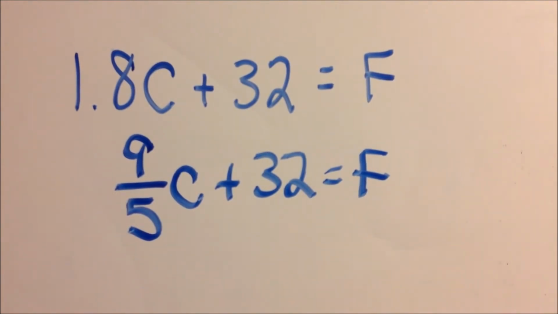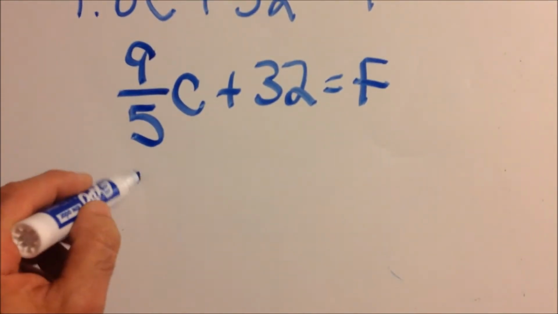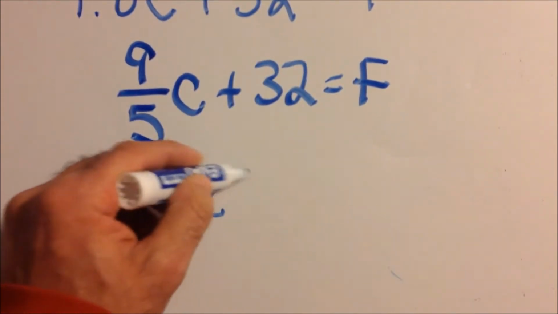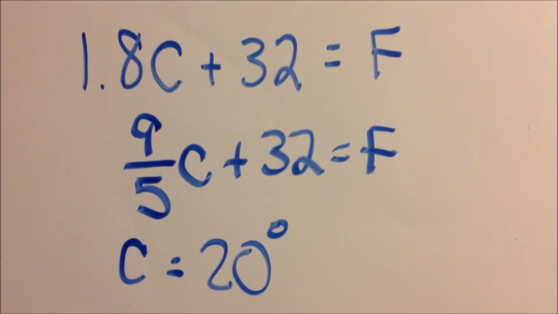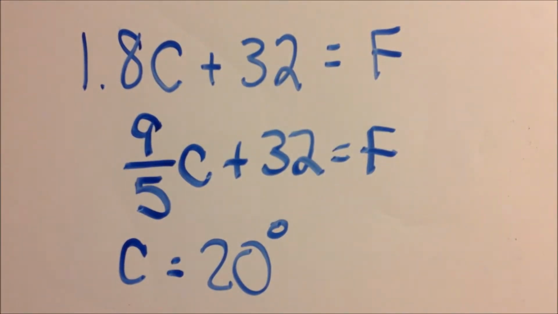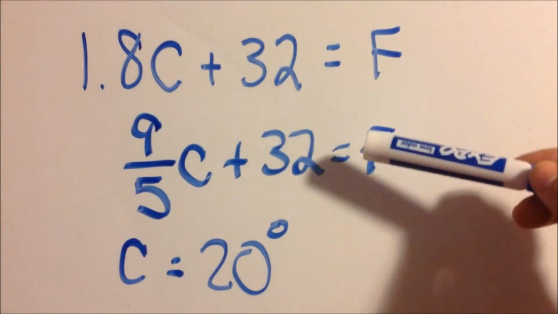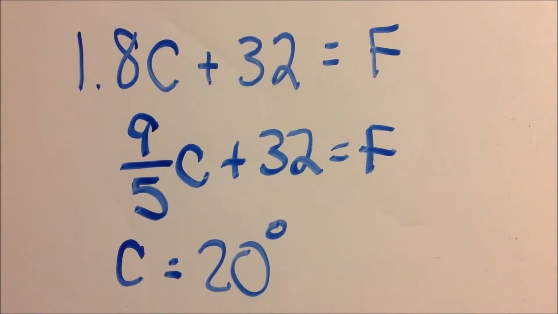So for example, let's say you're in Rome or somewhere in Europe, and the Celsius says it was 20 degrees. How would you find out the Fahrenheit? Use the formula and try to find the Fahrenheit. Pause the video now and see if you can answer that. You can use this one or that one. They're both the same. Okay, I said the Celsius was 20, so we have to plug in.